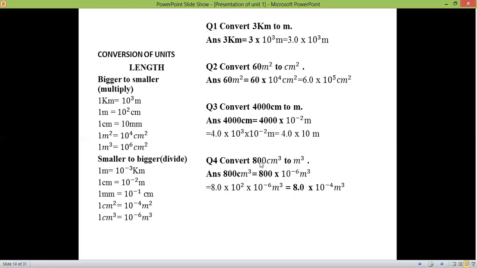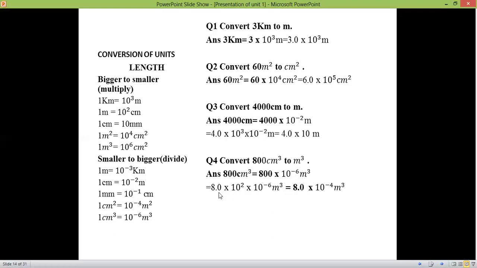Next question, convert 800 centimeter cube to meter cube. Over here, centimeter cube in the next step will be replaced by its equivalent relation. And what is the equivalent relation? 1 centimeter cube is equal to 10 power minus 6 meter cube. So it becomes 800 into 10 power minus 6 meter cube.